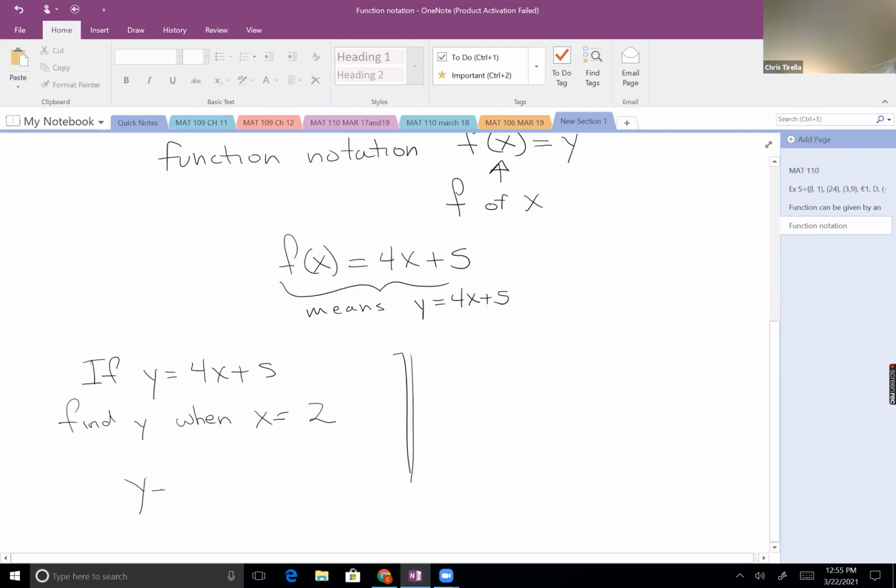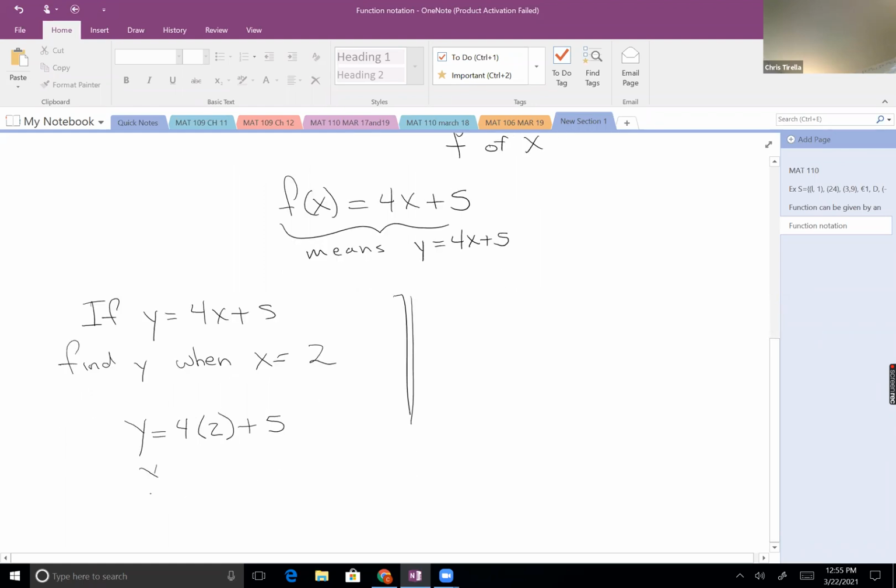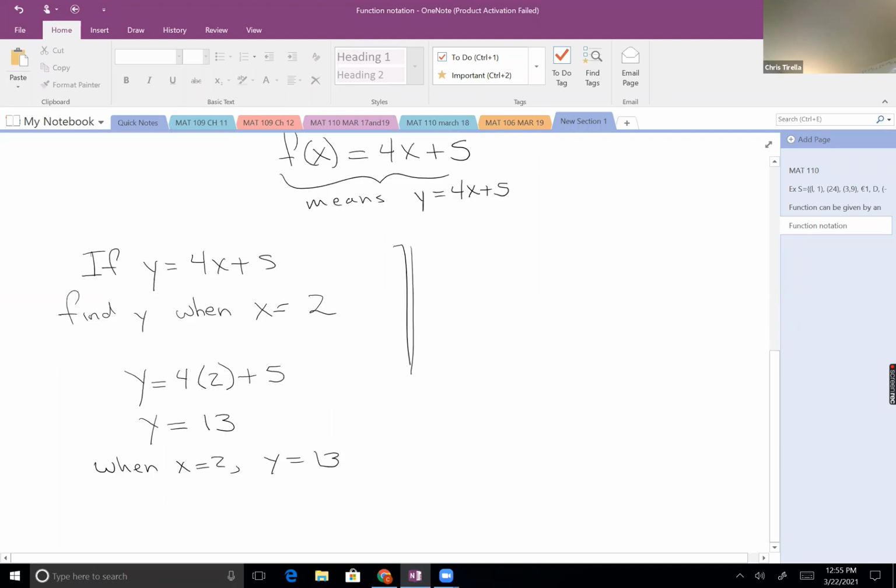We'd say y equals 4 times, we'd substitute that value in for x and work it out, and we'd get y equals 13. So we would be able to say that when x is 2, y is 13. We could say we've got this ordered pair 2, 13.